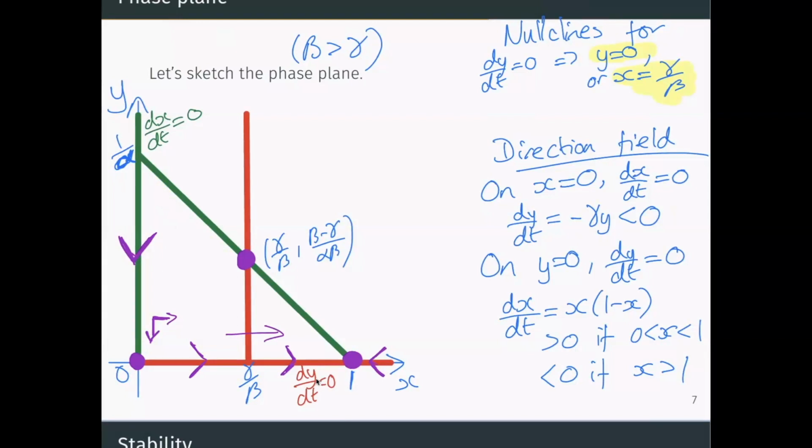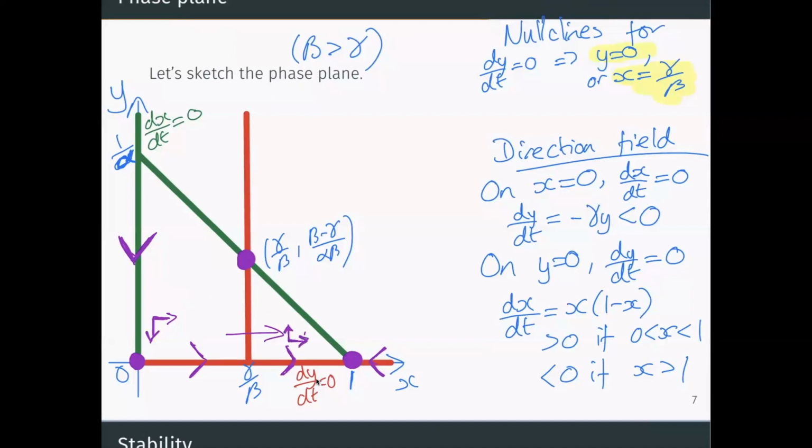Okay, now that I've crossed through that null line, on this side of the null line we have dy/dt being negative, we're moving down. On that null line, dy/dt is equal to 0. On the right-hand side of that null line, dy/dt must be positive. So in this little quadrant here, we must be moving up and to the right.